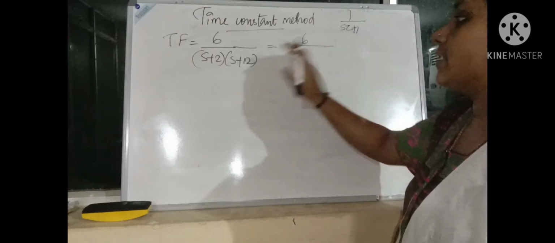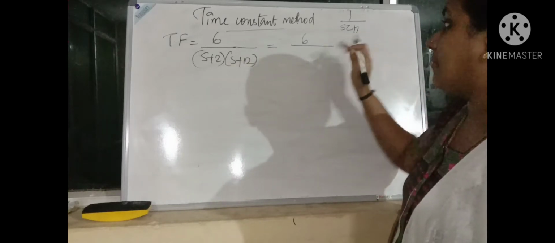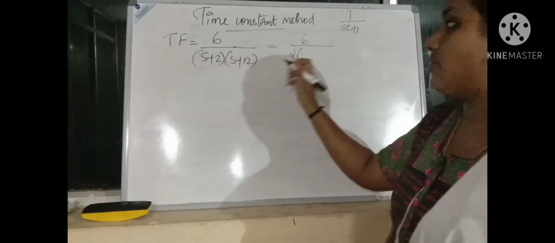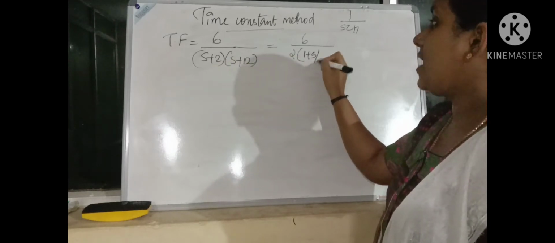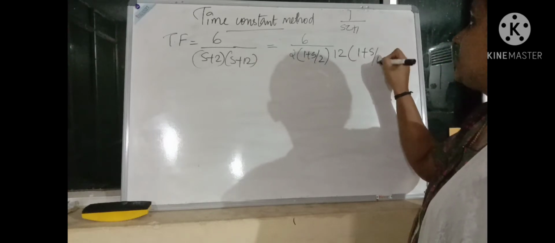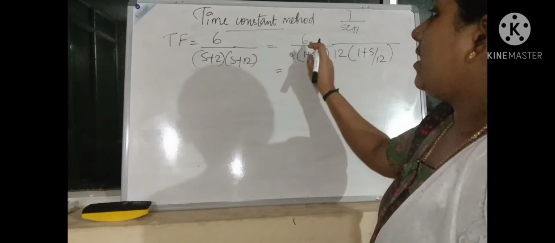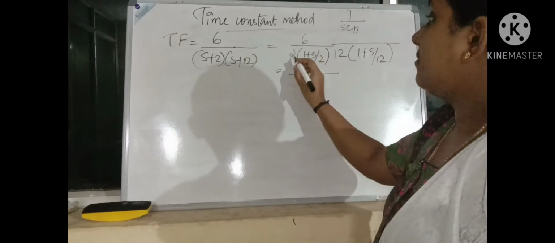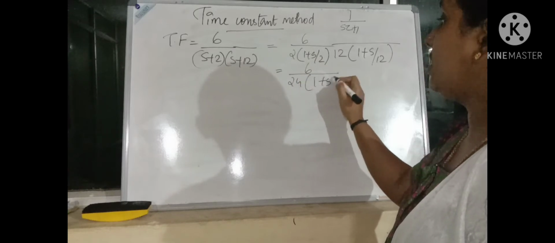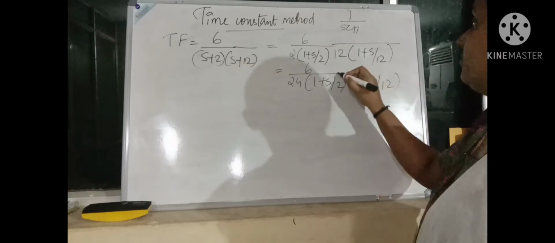So we can write this in terms of time constant as here. Just take the constant outside: 2 into (1 plus S by 2), and 12 into (1 plus S by 12), right? And from this we can write it as 6 by (2 into 12), that is 24, remaining (1 plus S by 2) into (1 plus S by 12).